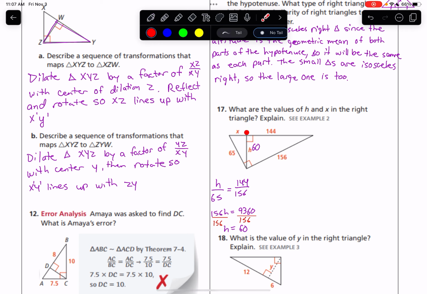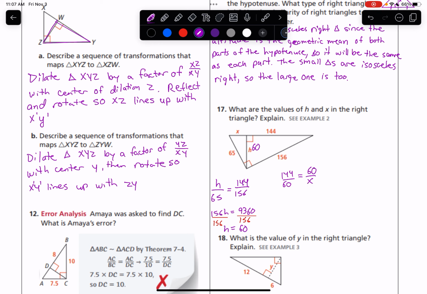Now that I know that h is 60, I can use that value to find x. I can say 144, this median length side of the medium triangle, over 60, the short side of the medium triangle, is equal to 60, the median length side of the small triangle, over x, the short side of the small triangle. Both of them are the small triangle, sorry. So if I do 144 over 60, medium side over short side, equals 60 over x, medium side over short side.